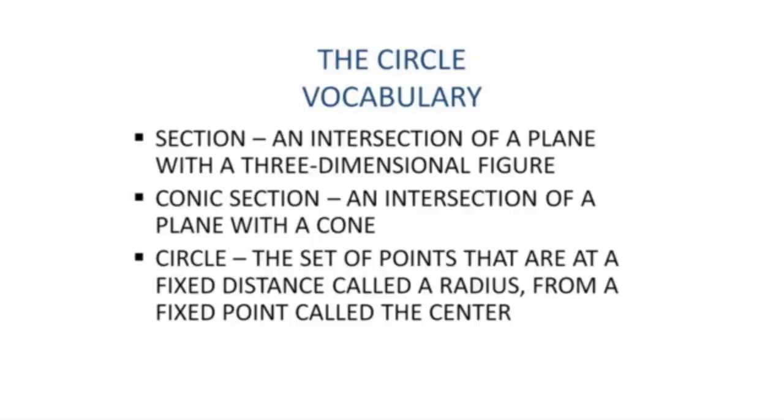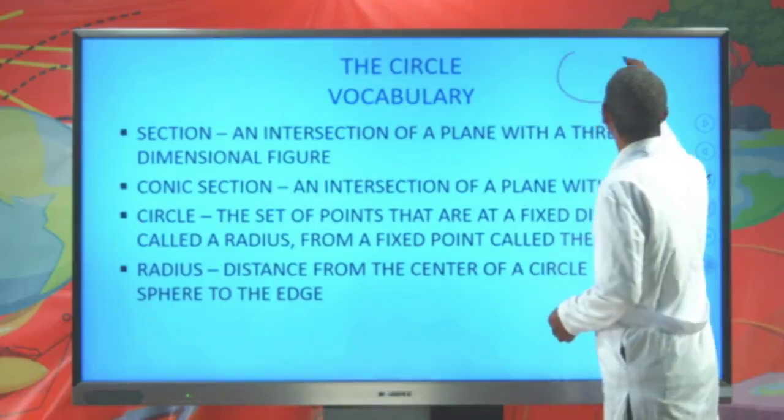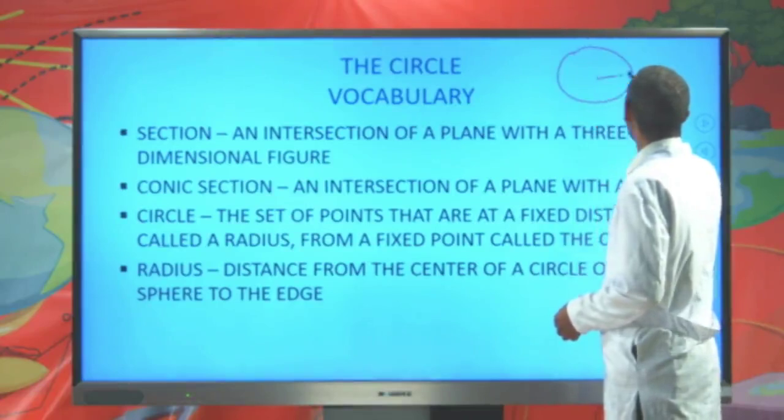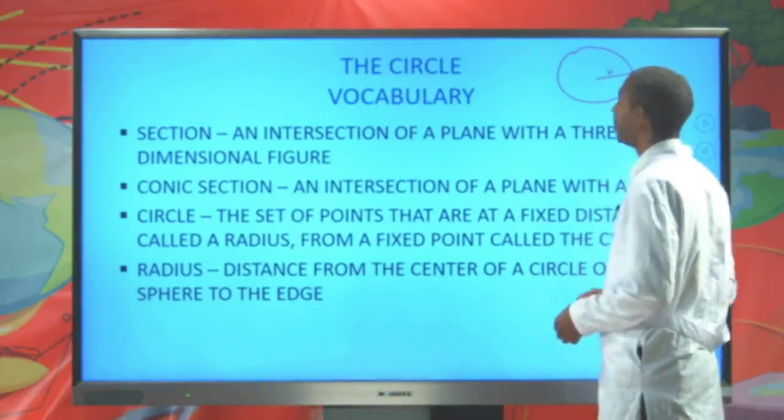Good. Again, as I mentioned before, radius is the distance from the center of a circle, or sometimes we may consider also a sphere, to the edge of the circle. As I showed you before, this is the center of the circle, then this is the radius of the circle.